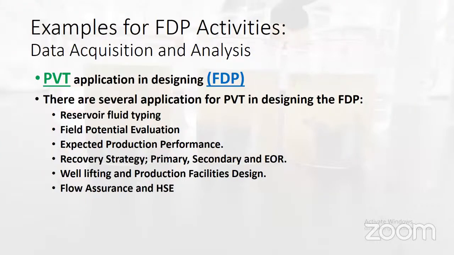For example, for the facilities, if we have a volatile oil well, we can recommend two or three stages of separation. We may have a first separator, a second separator, and the stock tank.